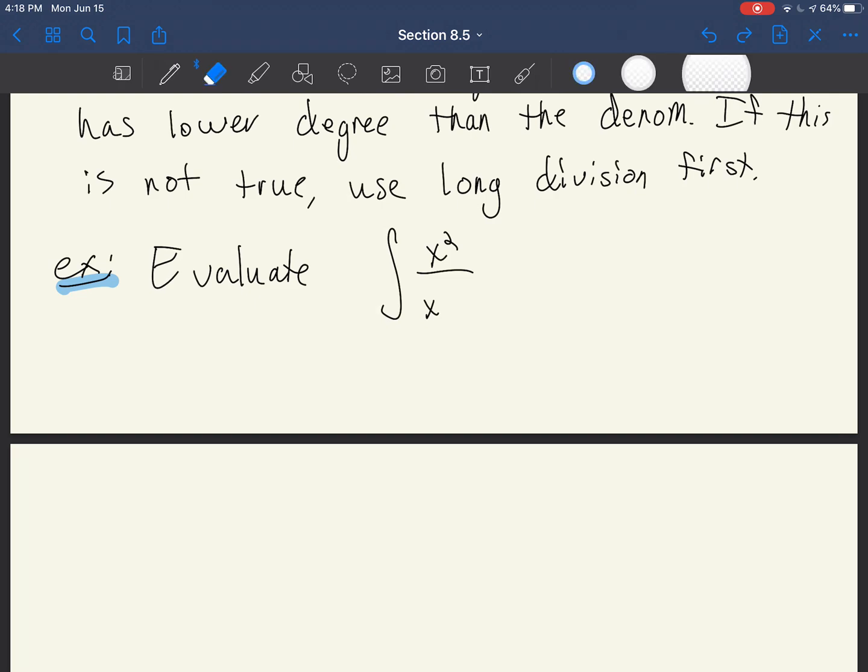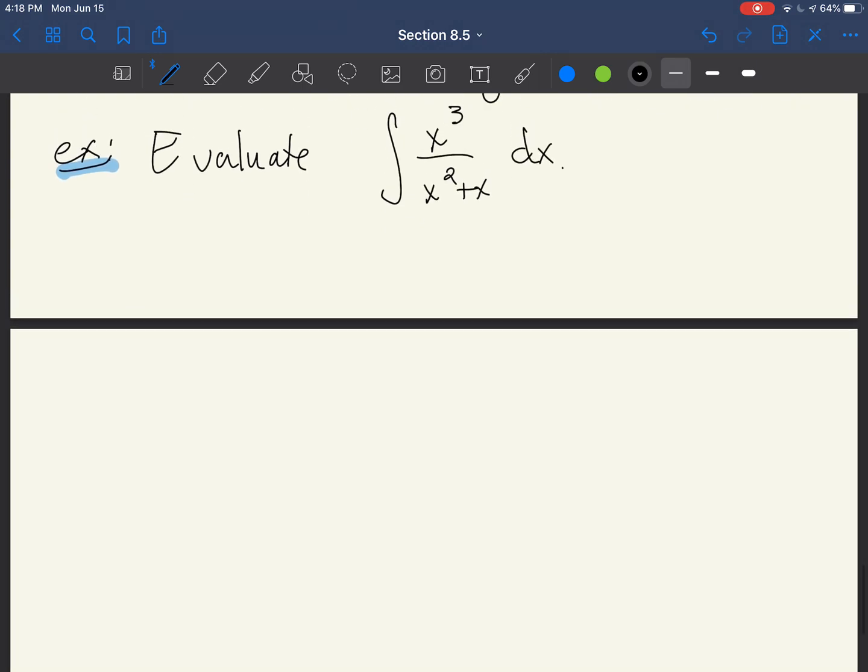Evaluate the integral of x cubed in the numerator, x cubed divided by x squared plus x dx. So we have degree 3 in the numerator, but degree 2 in the denominator. So we must use long division first. So x squared plus x is going into x cubed.